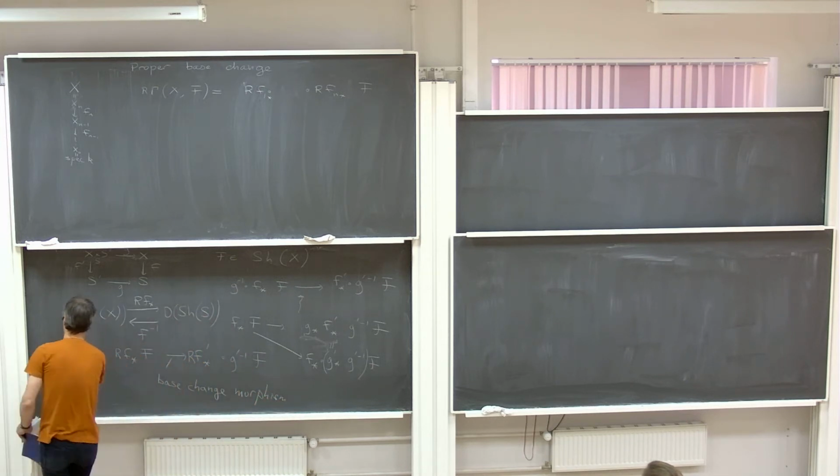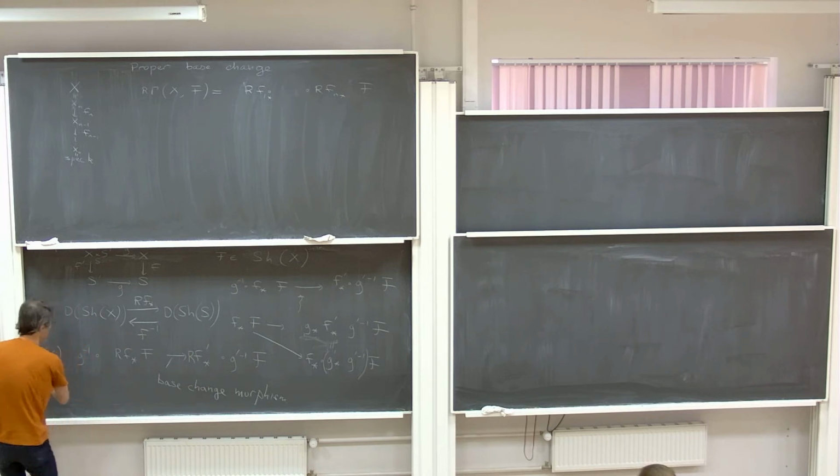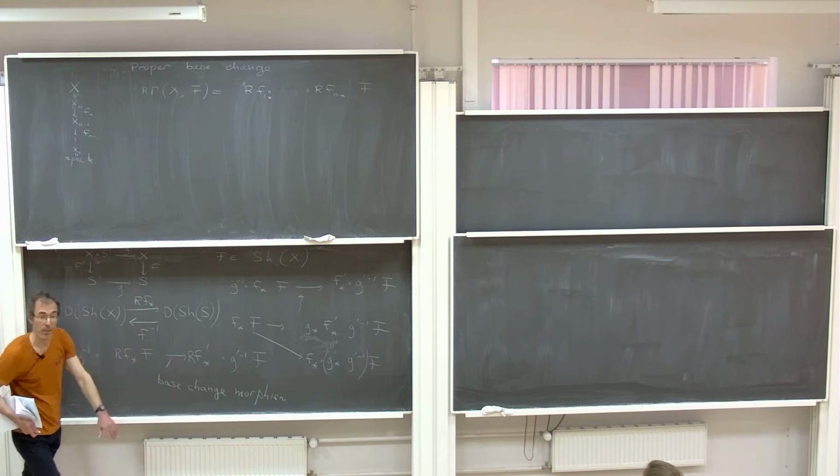So once again, it exists whenever you have a commutative diagram of schemes.